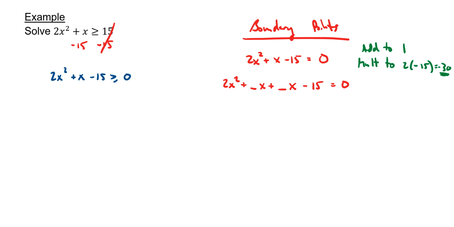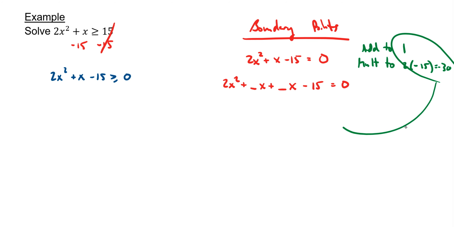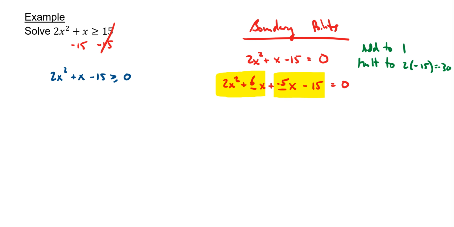And two numbers that add to 1 and multiply to negative 30, that looks like that's going to be positive 6 and negative 5. So positive 6 and negative 5. And you could put those in whichever spot you want. You can switch spots and you'll end up getting the same thing. So when you factor this by grouping, remember for grouping, we do the GCF of the first group, GCF of the last group separately.